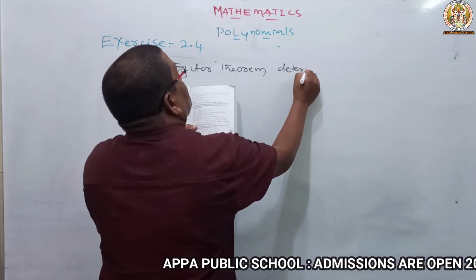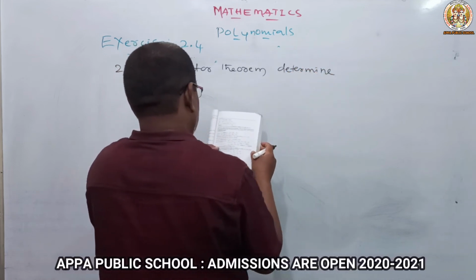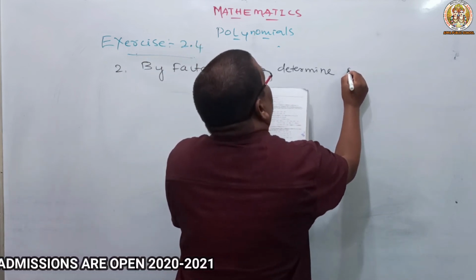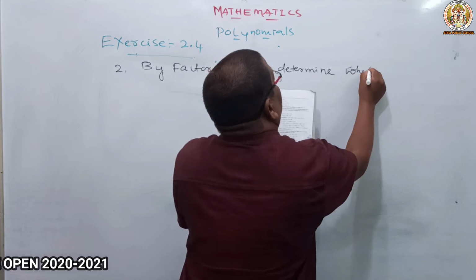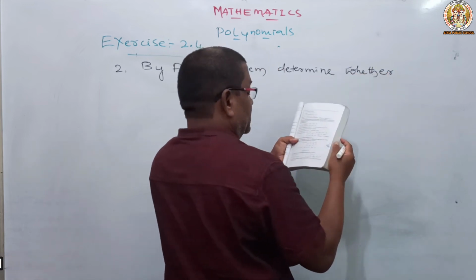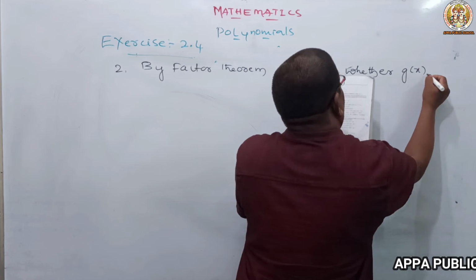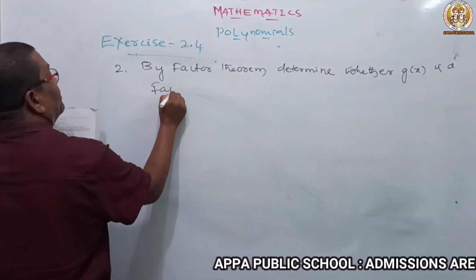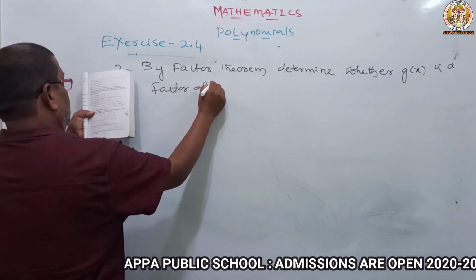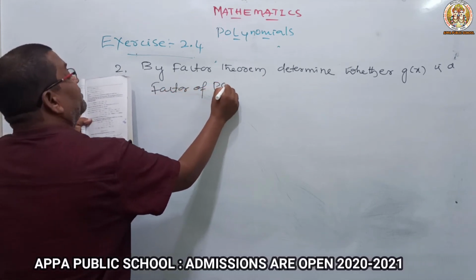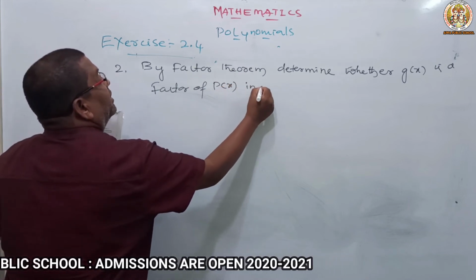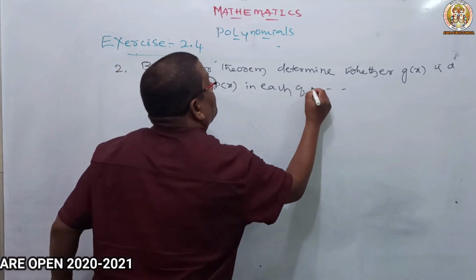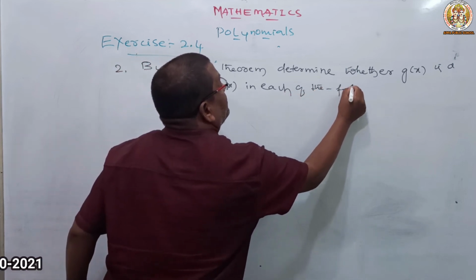Determine whether g of x is a factor of p of x in each of the following.